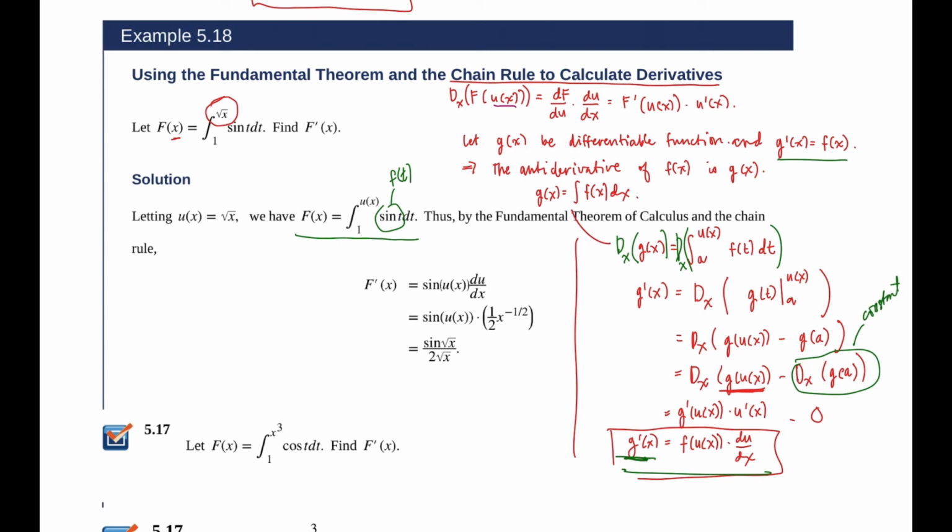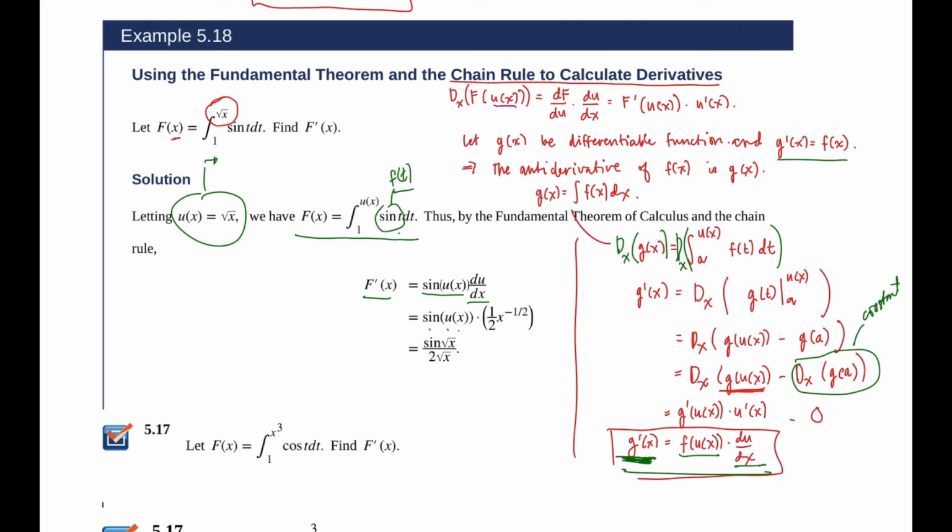So we have F prime of x, which corresponds to our g prime of x, equals small f of u of x. So we have sine t, but we have to replace t with u of x. So it will become sine of u of x times du over dx.